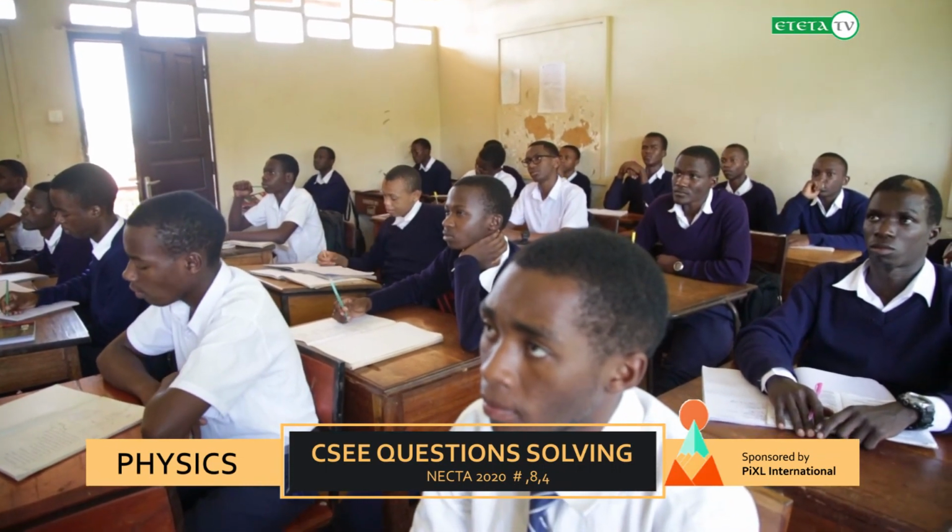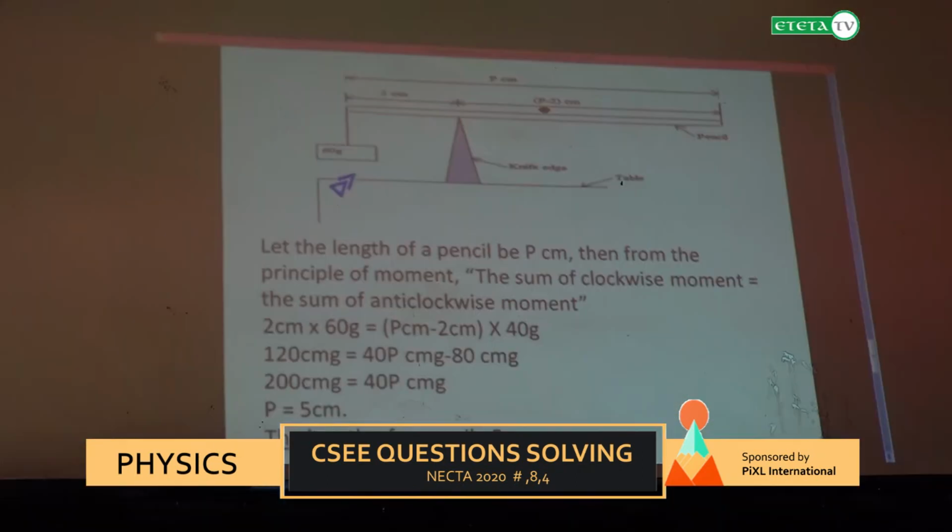Now, clockwise moment: 2 centimeter times 60 gram will be equal to the moment on this side, which is P centimeter minus 2 centimeter times the mass of the pencil, which is 40 gram.